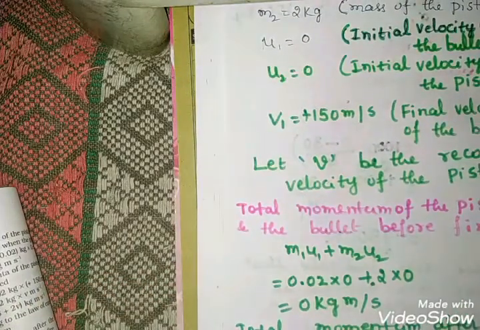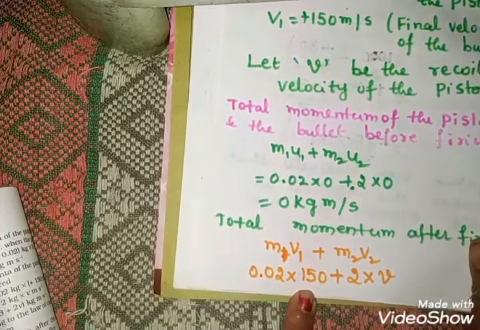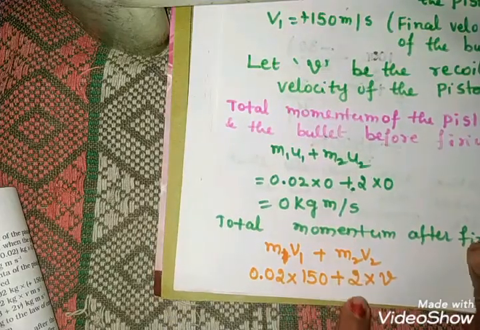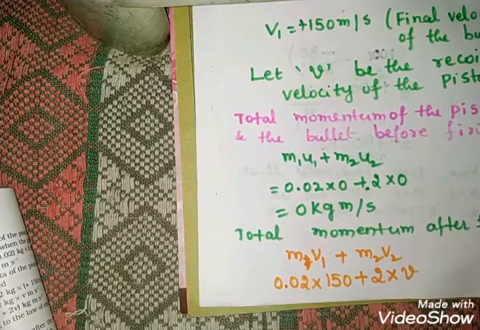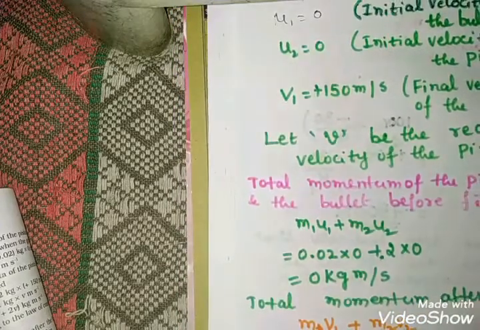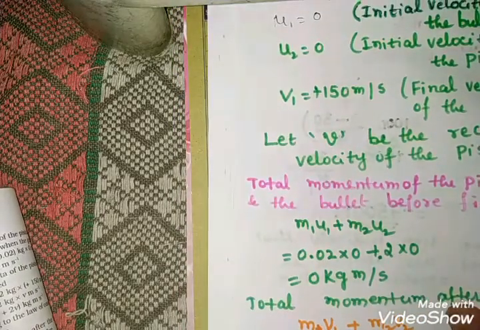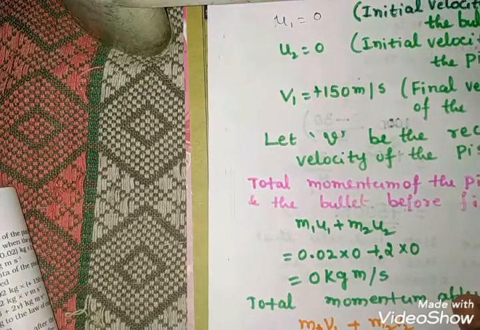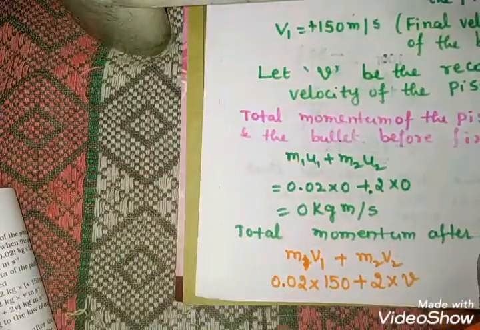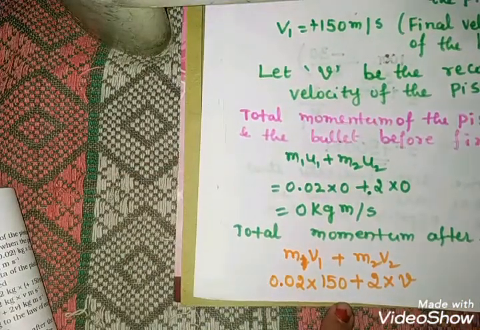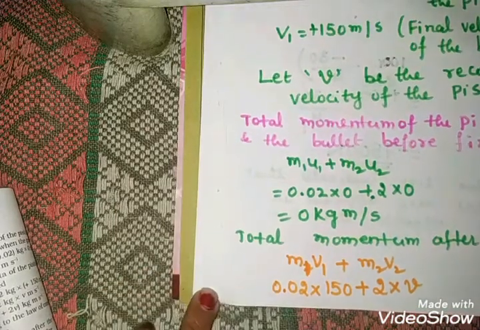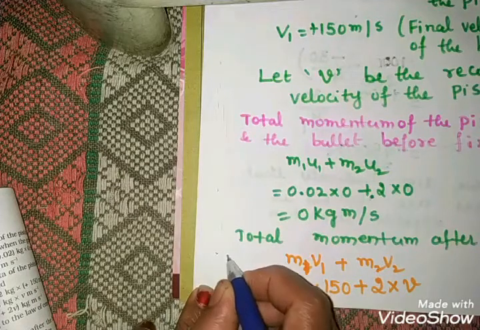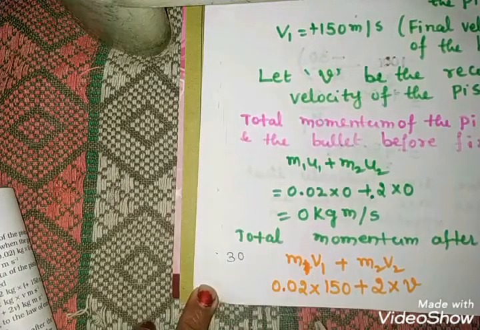I hope you understood. 0.02 into 150 because V1 is 150, plus M2 is 2 kg into V, the recoil velocity that we have to find out. Now multiply, what will we get? 15 2s are 30. After putting the decimal point we get 3. Correct? Observe here, 0.02 into 150. 15 2s are 30.